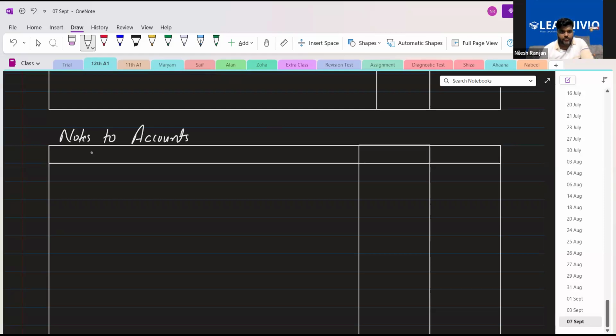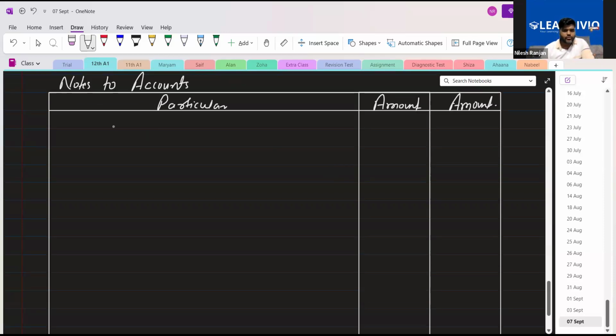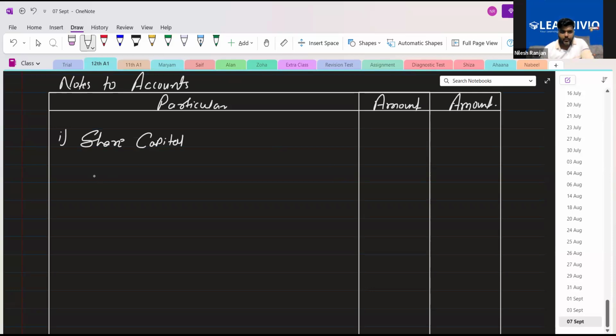Notes to accounts. Again, particulars and amount. So the first is share capital. Under share capital, we write authorized capital.